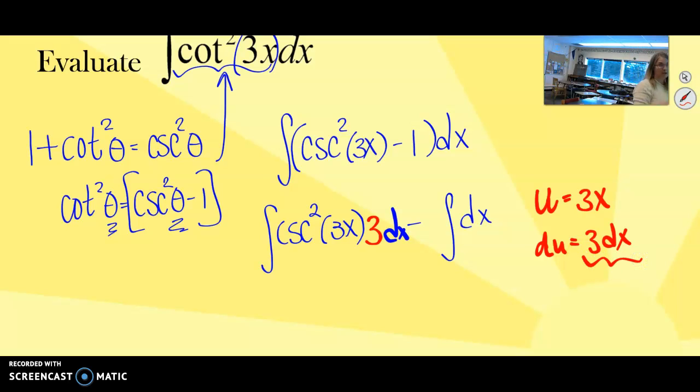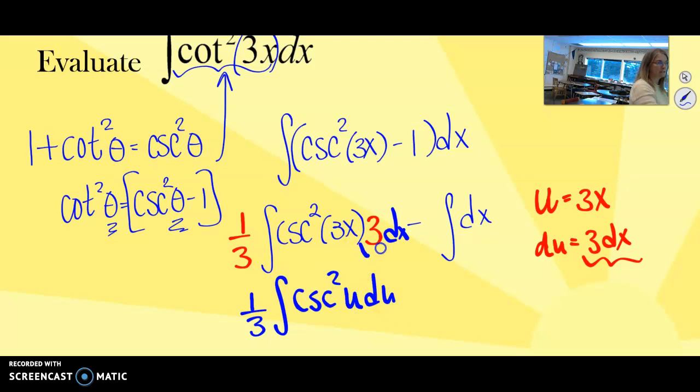So I have to put a 3 there, but I need to also remember to put a 1/3 out front. So then we have 1/3 of cosecant squared of u, and then this is du, and then minus, and I can integrate 1 dx.